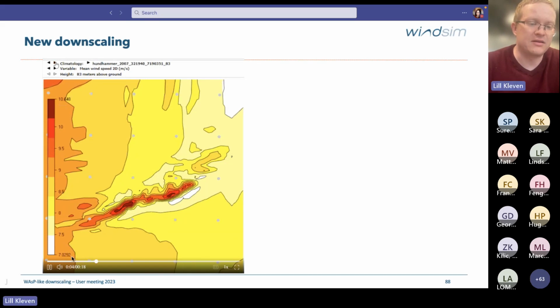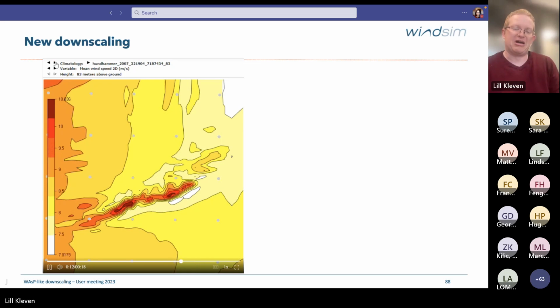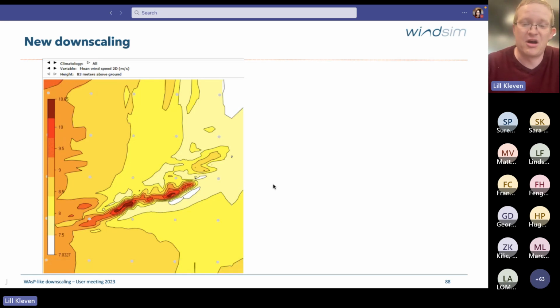So if you look at the minimum wind speed or the maximum wind speed, they vary by about 1% between these data points. So now we have greatly improved the consistency in the wind resources downscaling from mesoscale to microscale using this procedure.